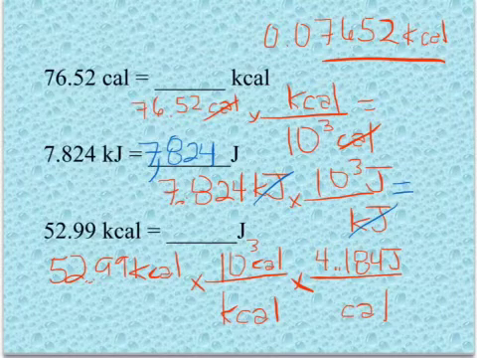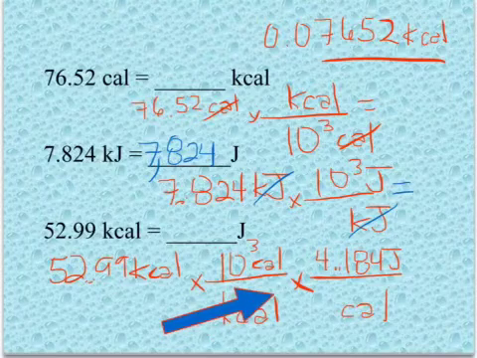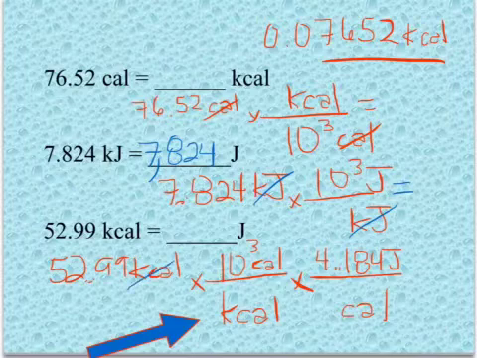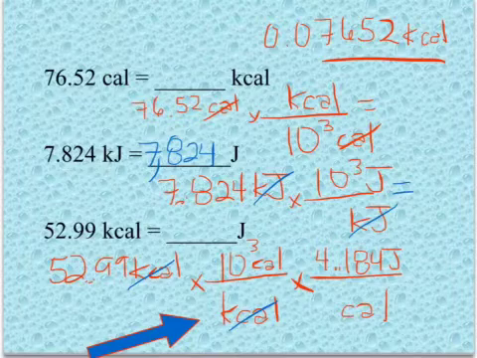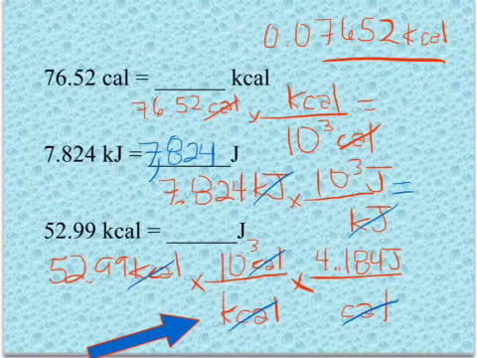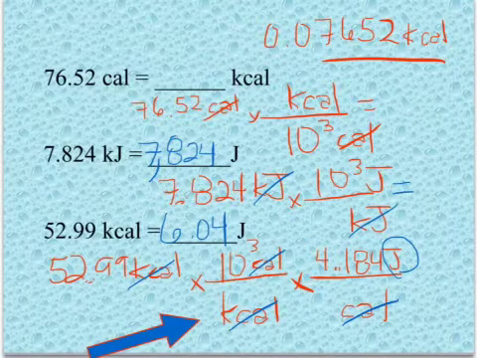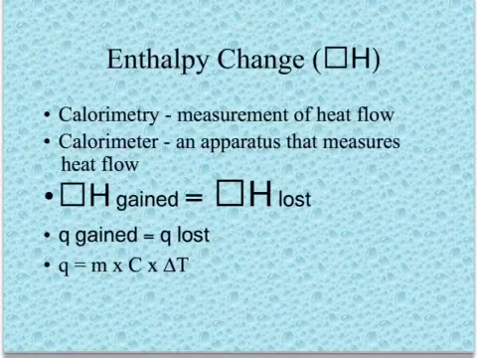And so what's nice is now these units should cancel. So we can cancel our kilocalories, we can cancel our calories, and our final units will be in joules. And the answer you should get for this is 6.04 joules.